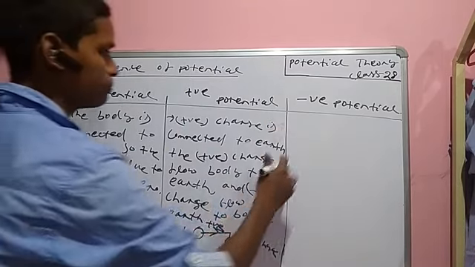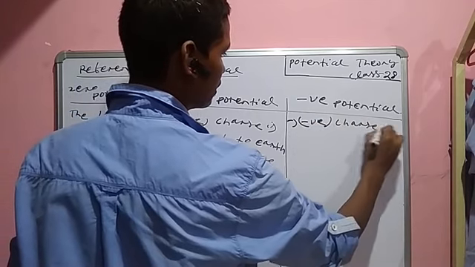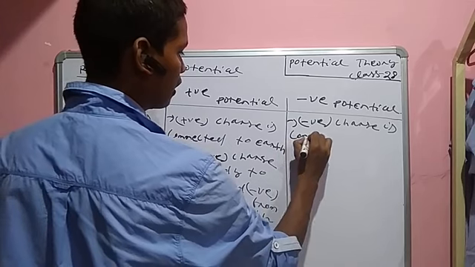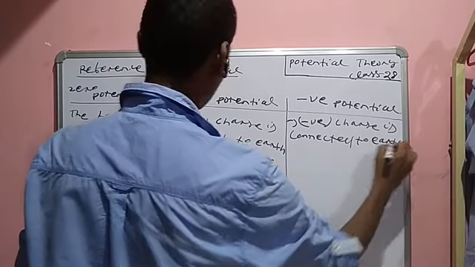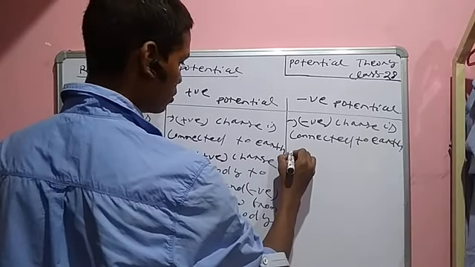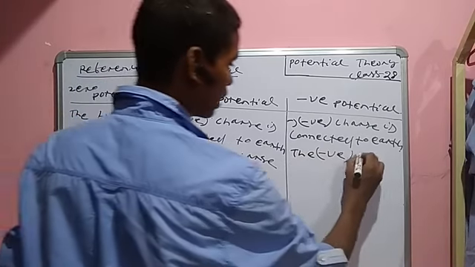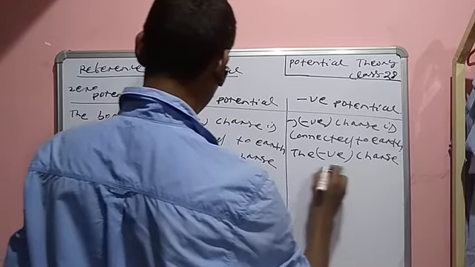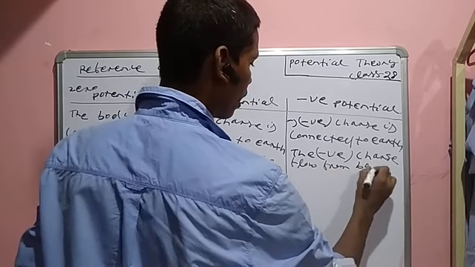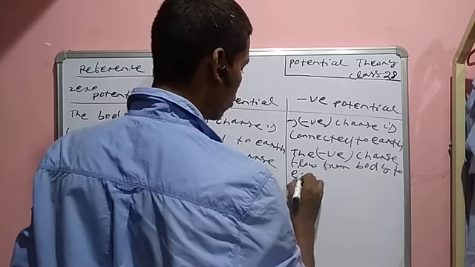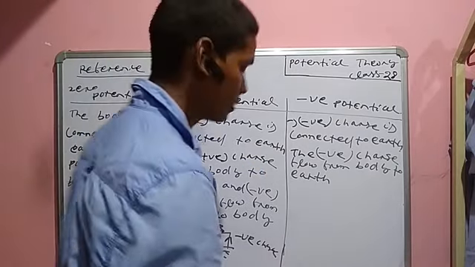Now negative charge is connected to Earth. The negative charge flows from body to Earth, and positive charge flows from Earth to body.